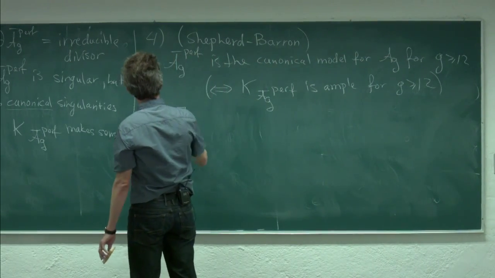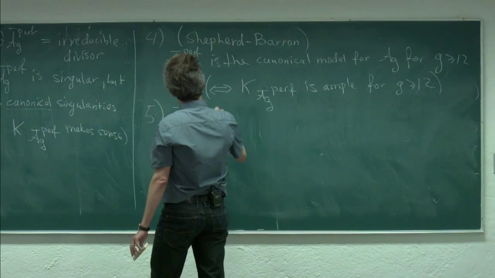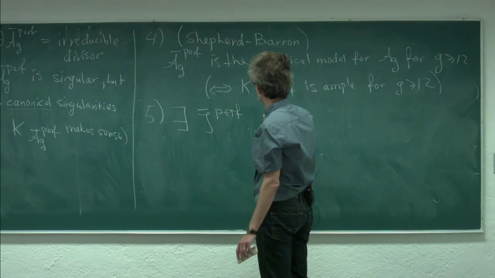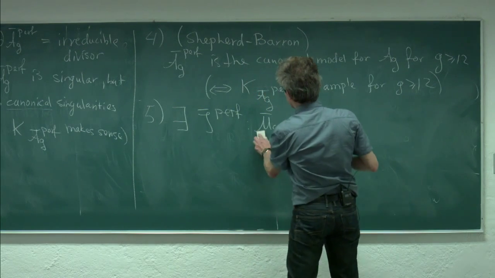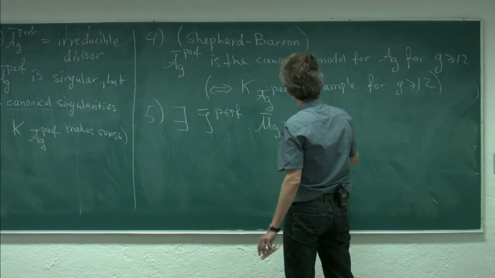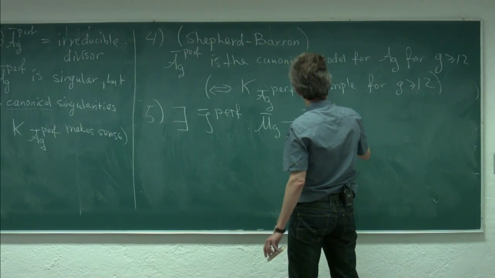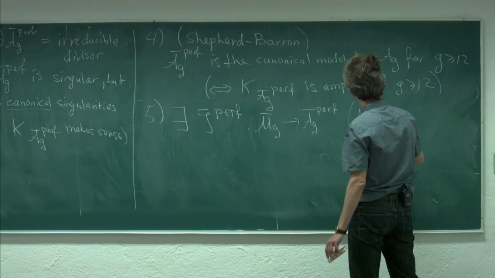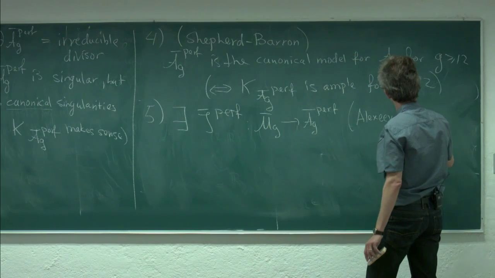My motivation, if you recall, was to try to extend the Torelli map, and the Torelli map extends from Mg bar to the perfect cone compactification, and this is the theorem of Alexeev and Brunyate.